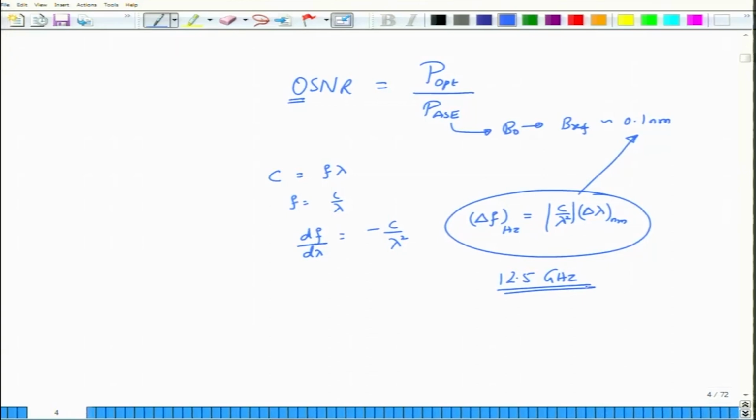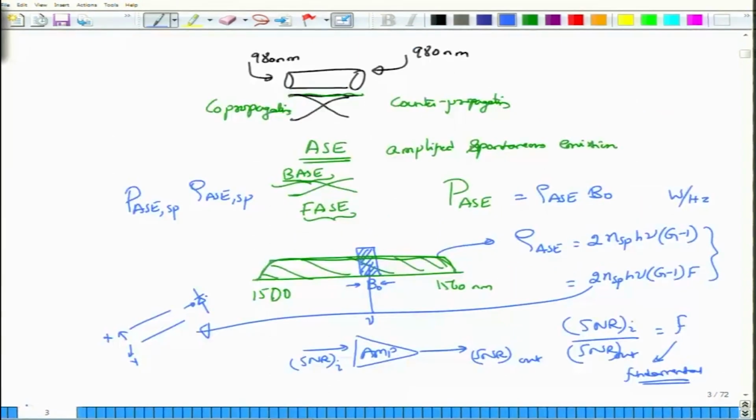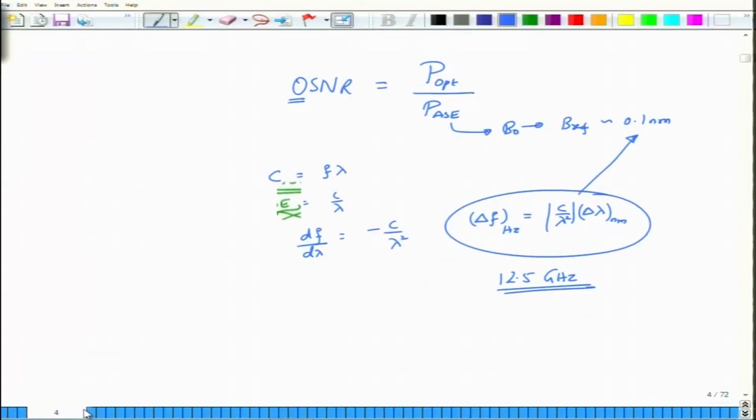So, this is about the erbium doped fiber amplifier that I wanted to discuss, and what you will see is that these erbium doped fiber amplifiers can be used in three different ways. One at the transmitter itself. So, this is the transmitter and then you keep an amplifier right away here. This arrangement is called the main amplifier or sometimes the booster amplifier.